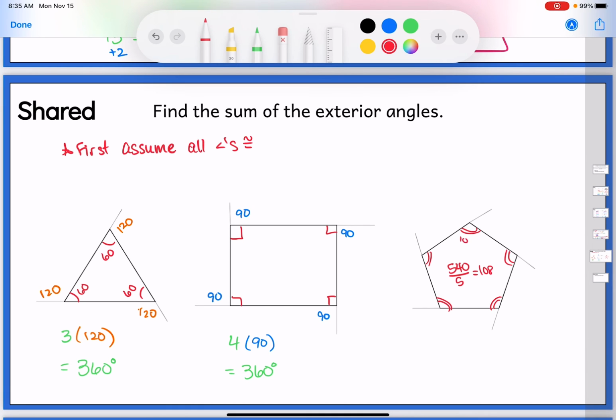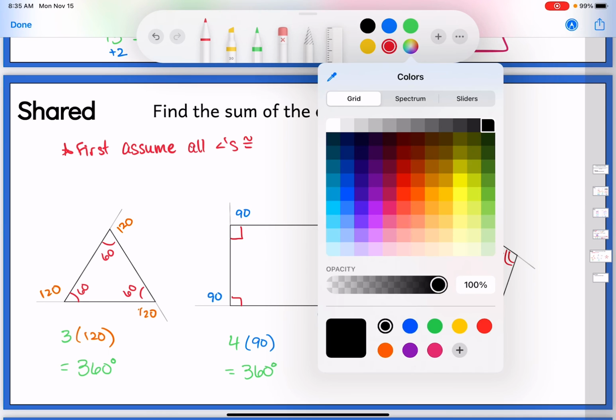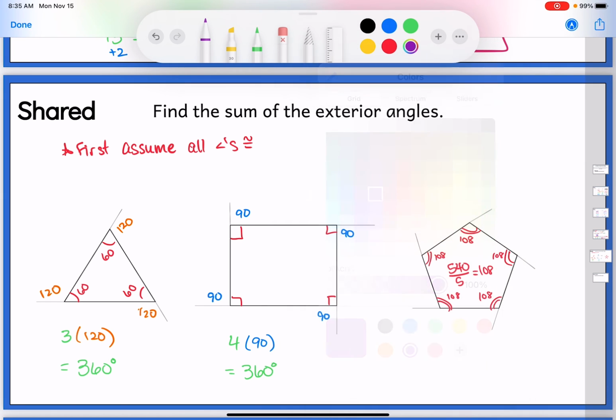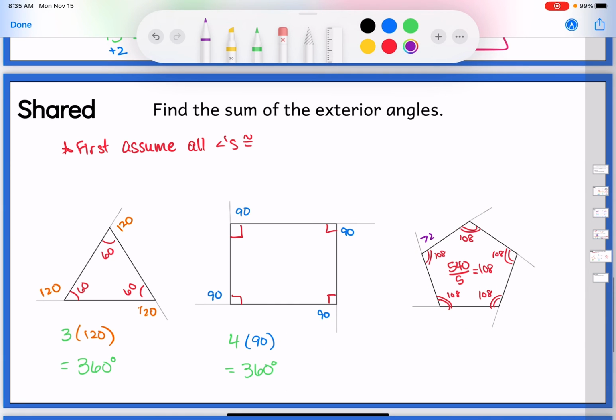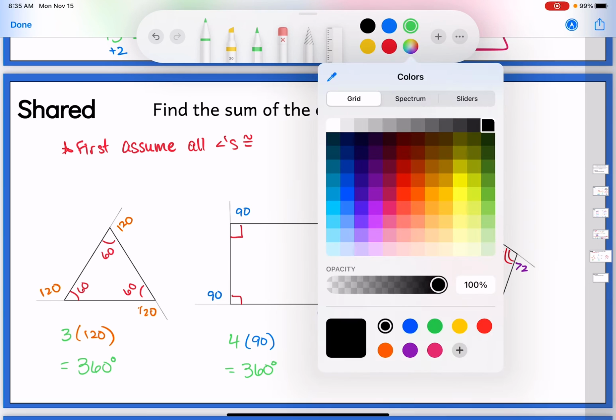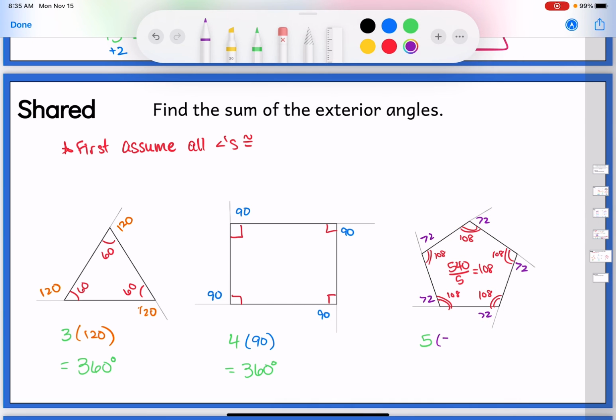So each of these interior angles is 108 degrees, which means that each of the exterior angles would be 72, right? 180 minus 108. So each of these would be 72. And I have 5 of them. So I have 5 times 72. Get out the calculator. 5 times 72 equals 360. They're all adding up to 360.